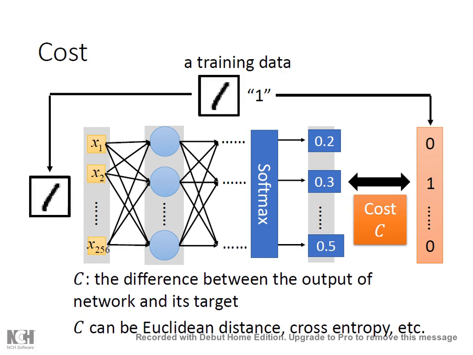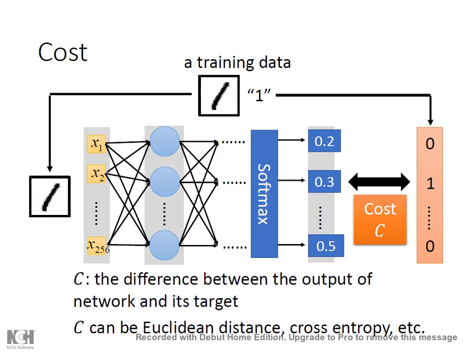Okay, so in this case, you see 0.2 over there, and the ground truth is this. And then for the next neuron, you can see all these are actually 0.